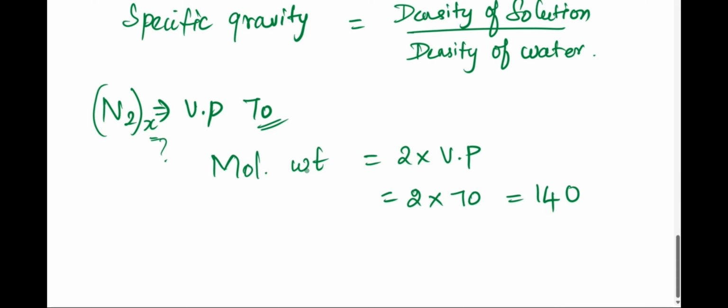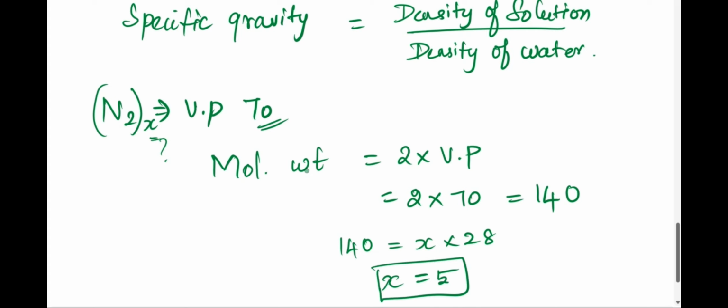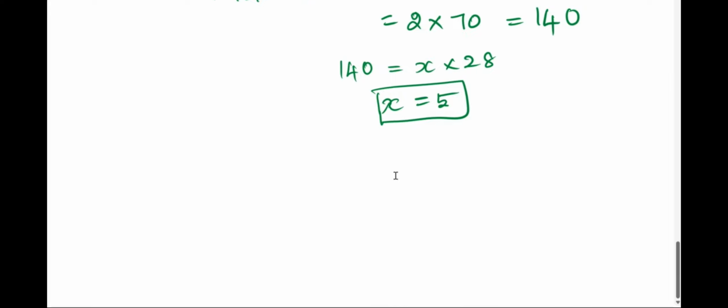So one molecule of nitrogen, the molecular weight is 28. Here I am having 140, which means what is X? So total I am having 140, which is the X will be 5, isn't it? So this kind of question can be asked in your examination.